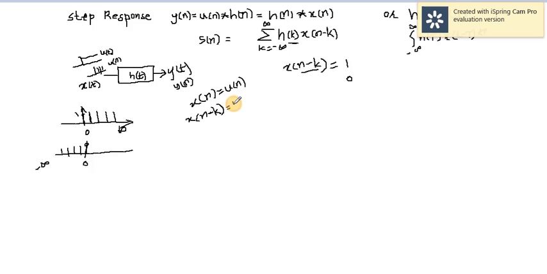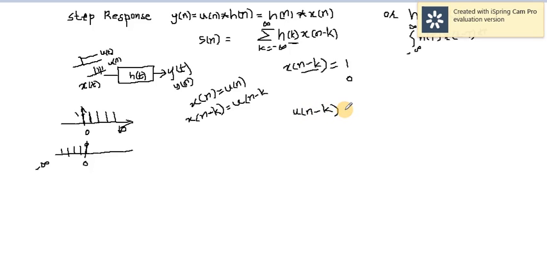So let's draw it. Better to consider this x of n minus k as u of n minus k signal.